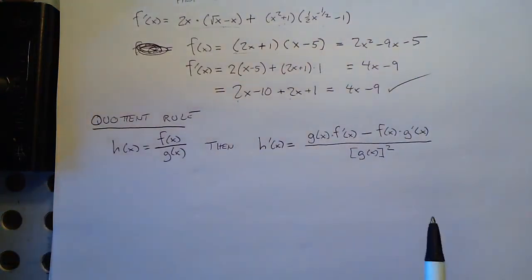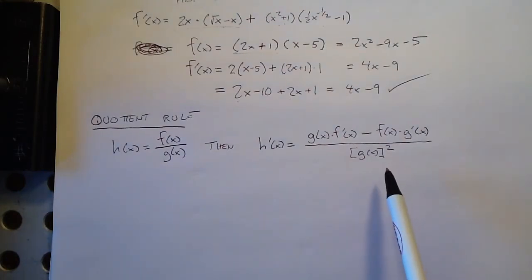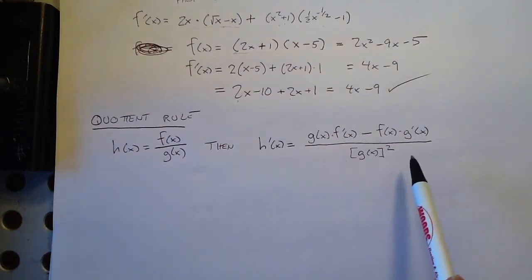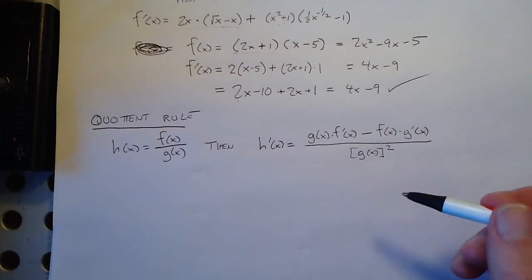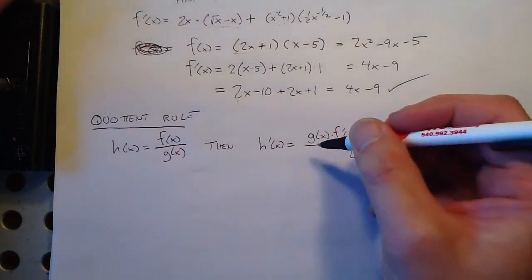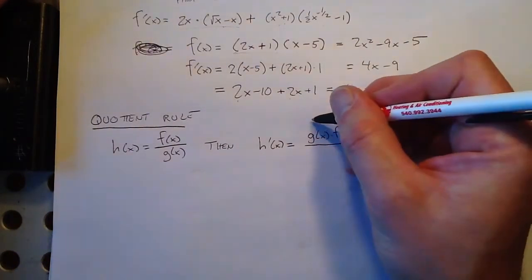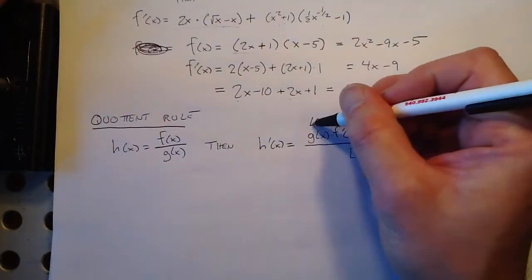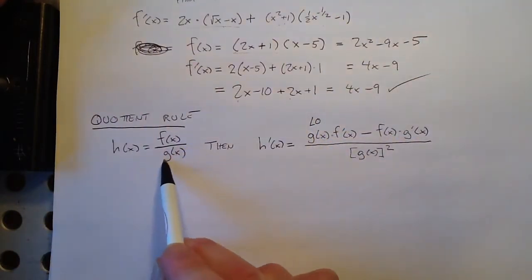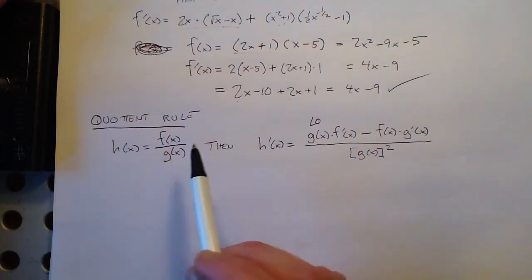Now I'm going to tell you a little mnemonic device that I learned a long time ago when I learned how to do this. And it seems to work. It's a catchy way of remembering this. I'm going to call this low, because that refers to the function that's on the bottom.